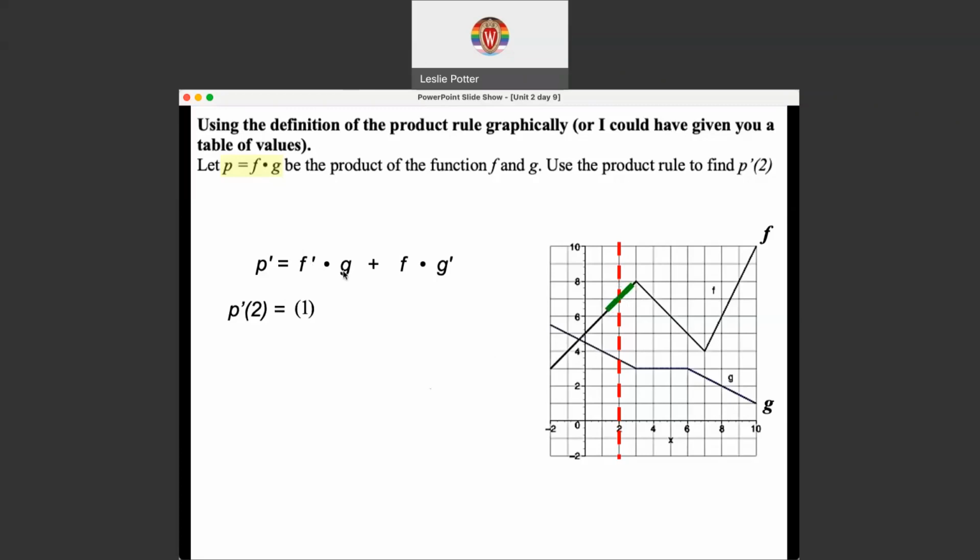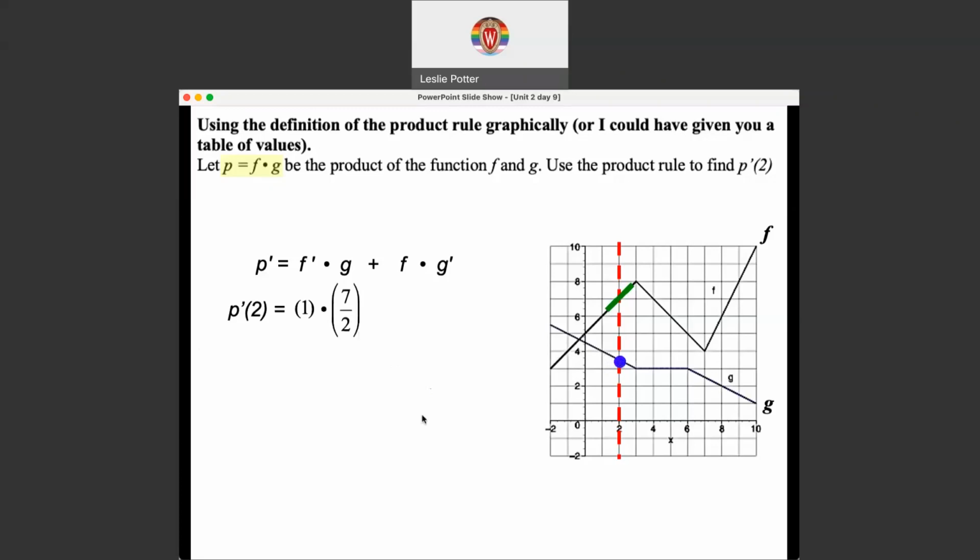Now, g is a function value. So we go down to function g and we grab this value right here. We're going to have to kind of best guess it here. It's not 4. It's not 3. This is linear, so I'm going to go with 3.5. That point right there, 3.5, is 7/2.